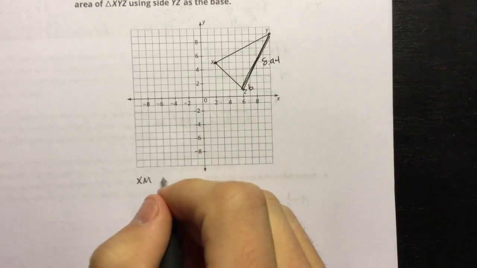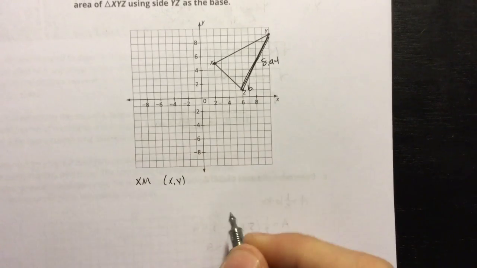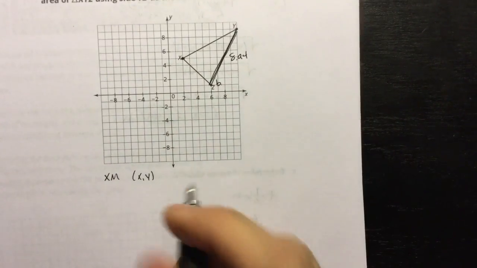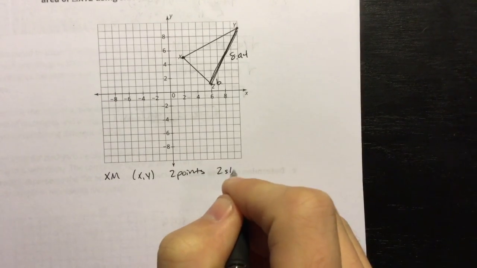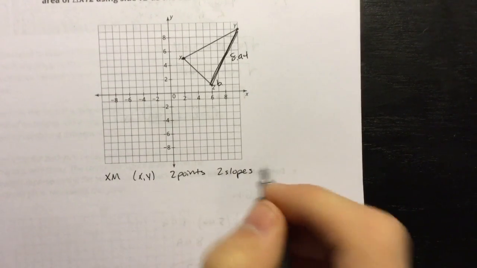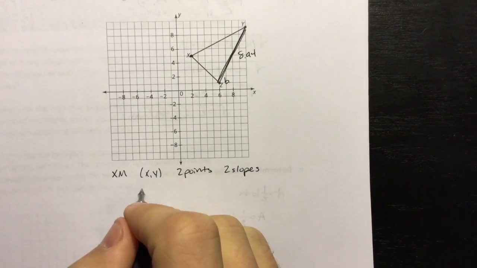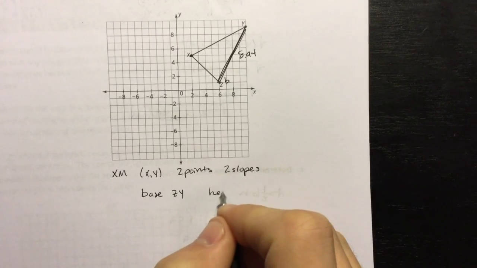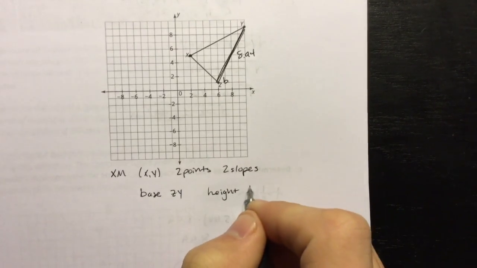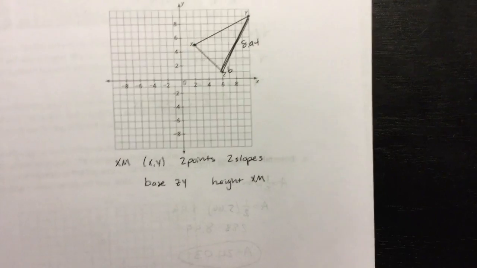The way we do that, I need an X and a Y value, which means I need two equations. In order to have two equations, I need 2 points, 2 slopes. So we're working with our base, which is ZY, and our height, which we said is going to be XM.